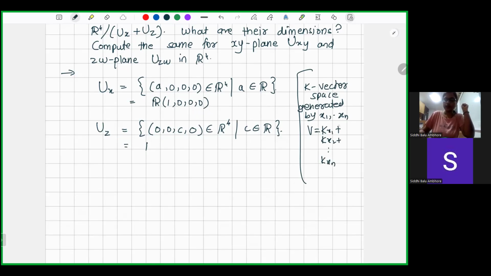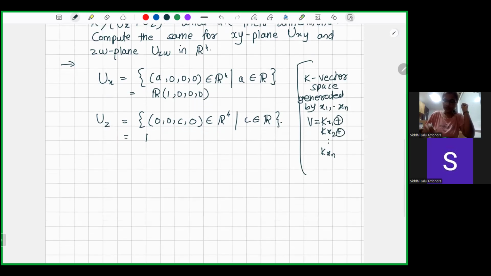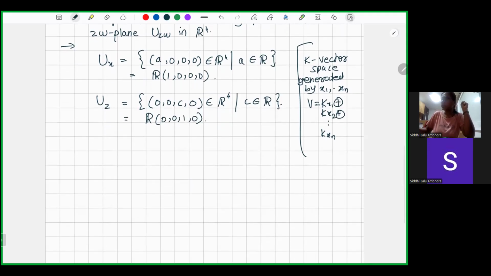We can also write it as a direct sum, that's not a problem, but I hope you got the idea. Similarly, I am writing UZ this way since it is generated by only one element.